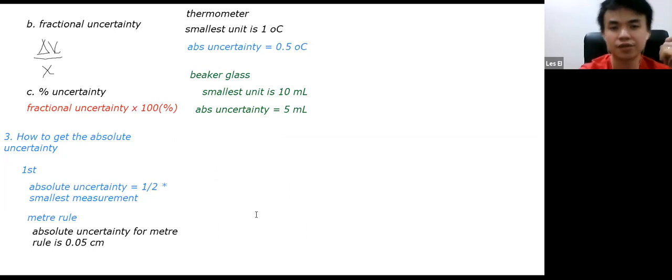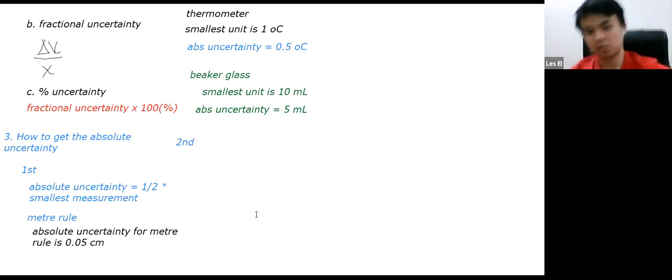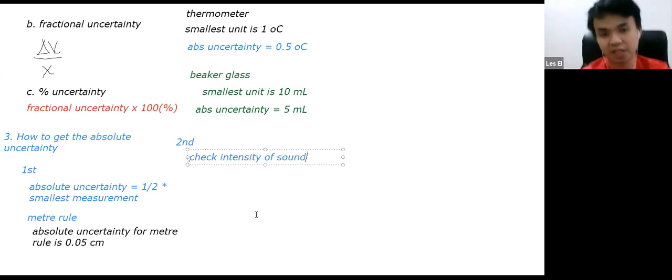But if you are doing an experiment, probably in the future, you might meet a case where the uncertainty is unknown. For instance, you check the intensity of sound in the physics lab. You take several readings, x1, x2, until x5.